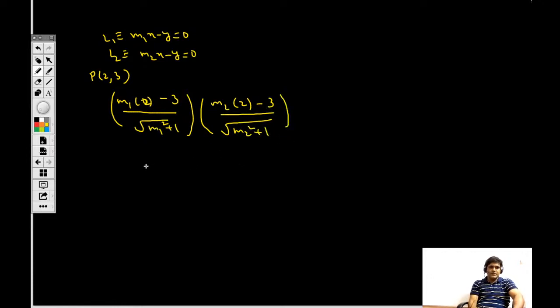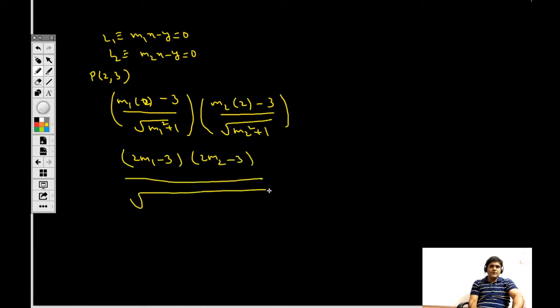Writing one more step: 2m1 minus 3, this is the numerator, into 2m2 minus 3, over the square root of 1 plus m1 square into 1 plus m2 square.